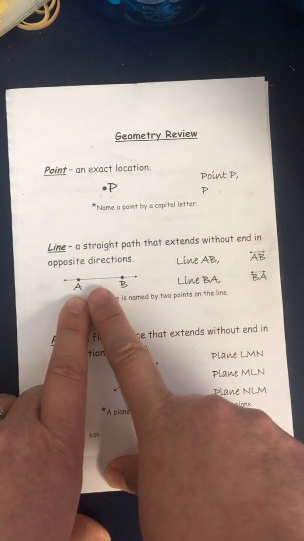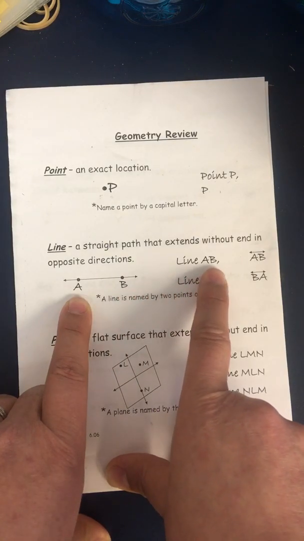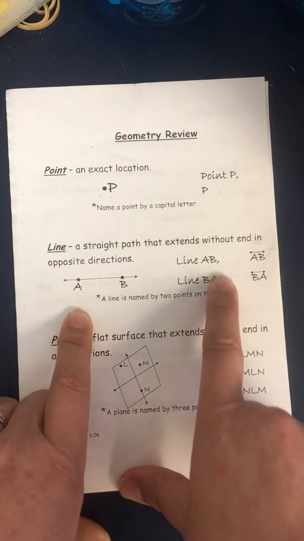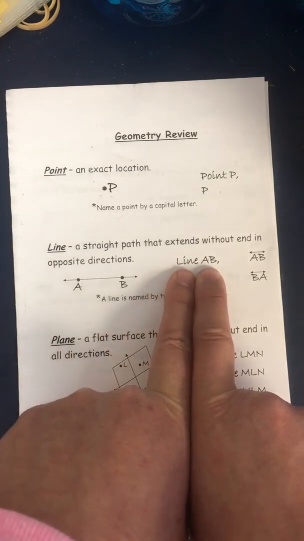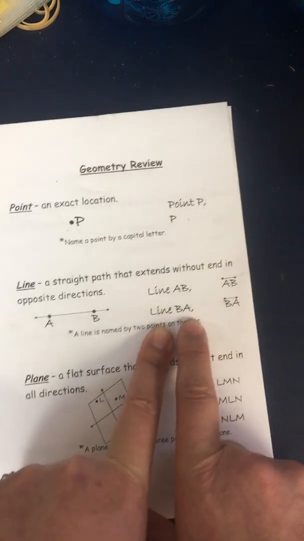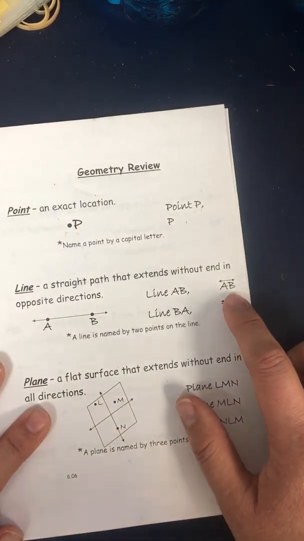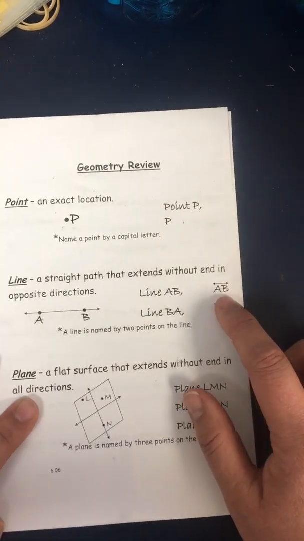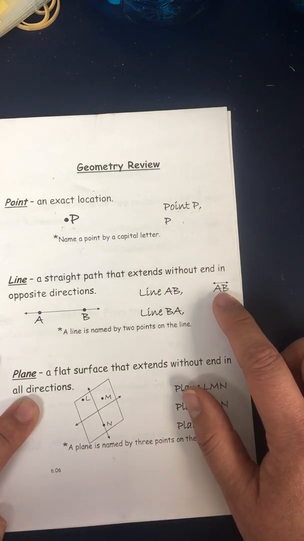So, since this one has A and B on it, they're talking about line AB. And it also can be line BA. And notice the letters can be reversed, but when you write it in words, it'd be line AB or line BA. When you put it in symbol form, it's AB.